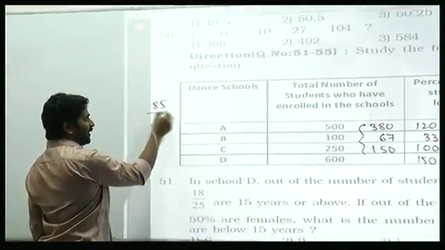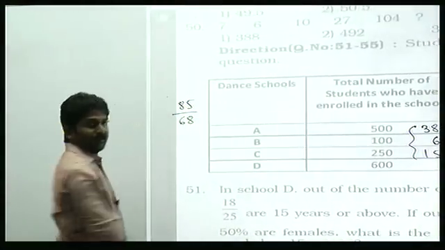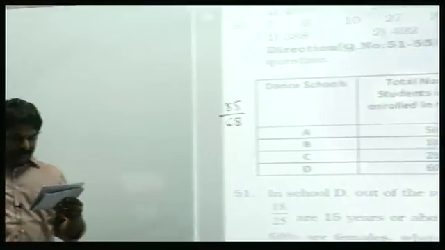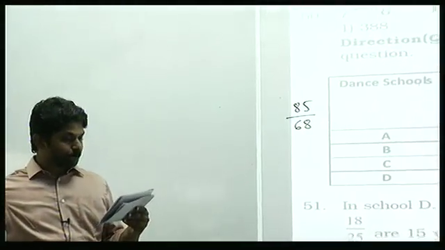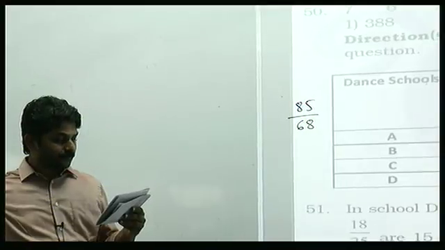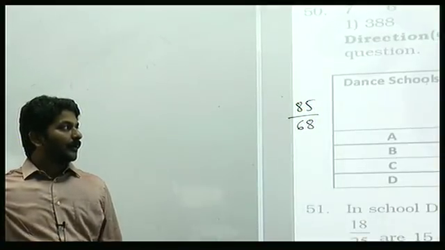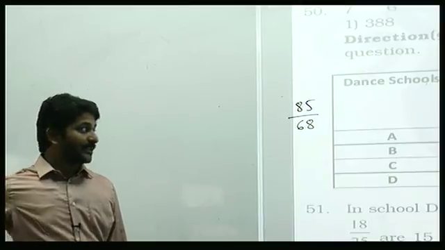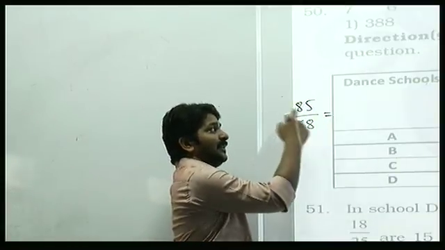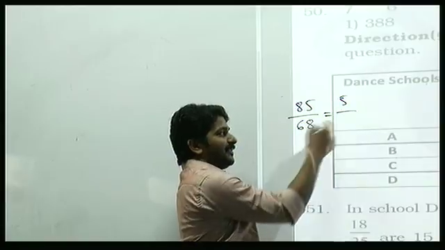So you need to calculate ratio here, that is 85 by 68. Look at your options. Cancellation with 17: 5 times, 17 4 times.